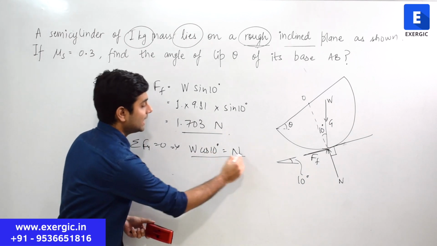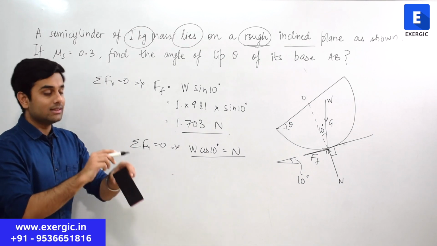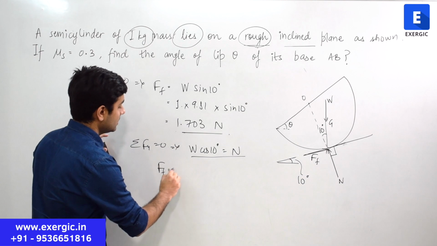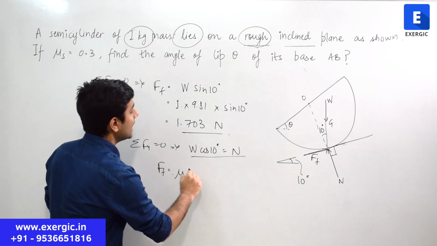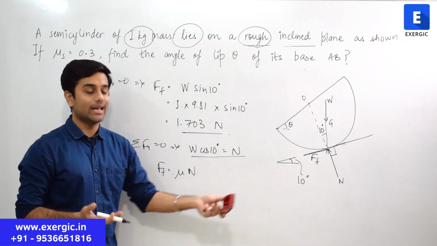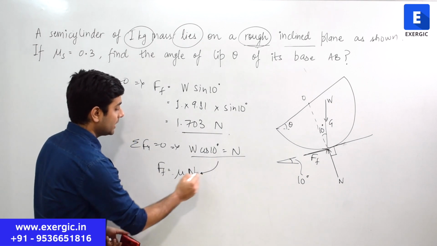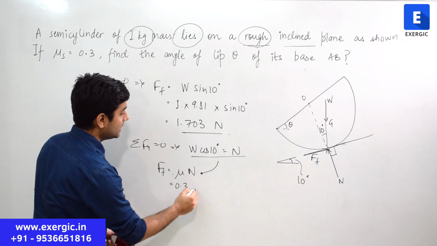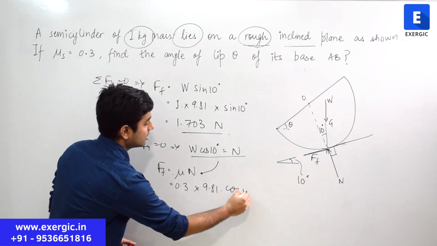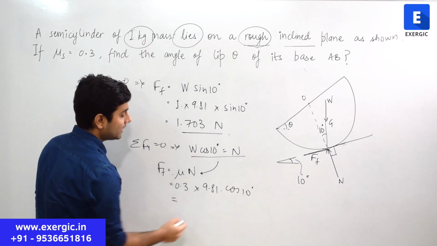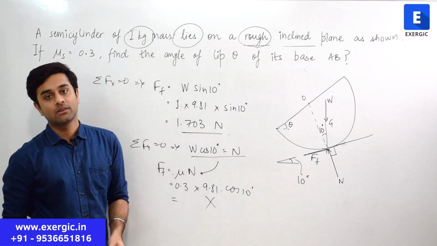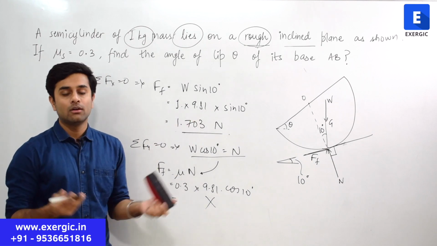This is what they will get. And then they will think that if we want to calculate the force of friction, let us apply mu N. This is something that we know, that F is equal to mu N. The value of N you will put here. Mu is 0.3, W is 9.81 cos 10. You solve it, you will get another value of force of friction which will be incorrect. This is the correct value. Why?